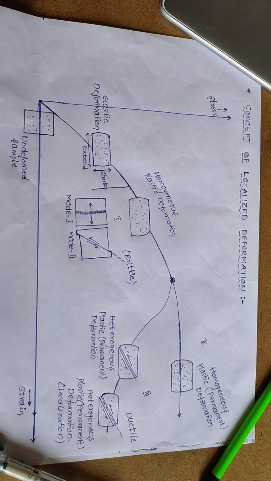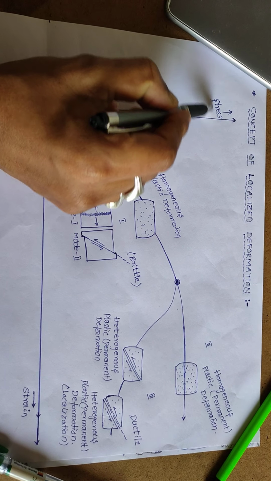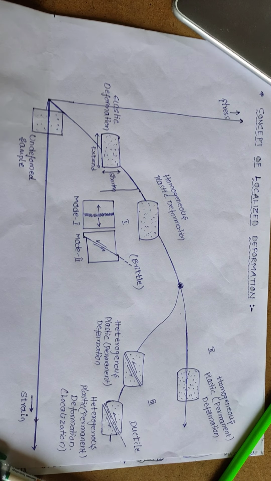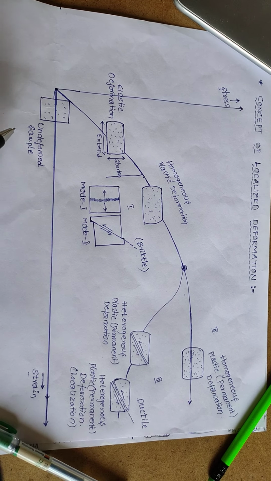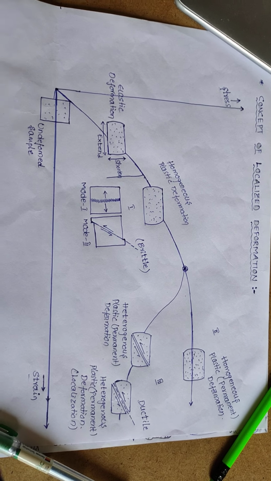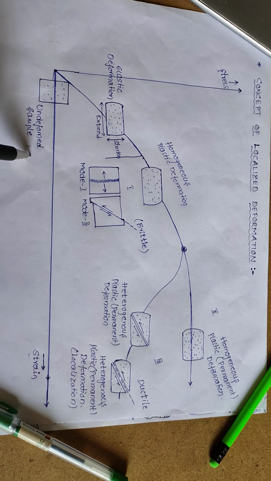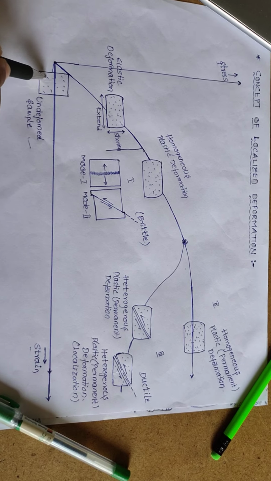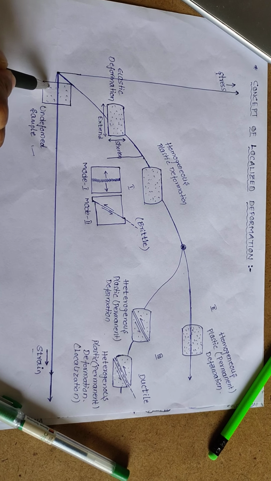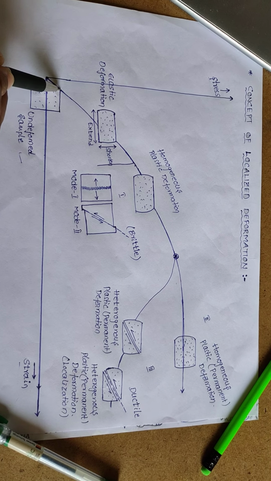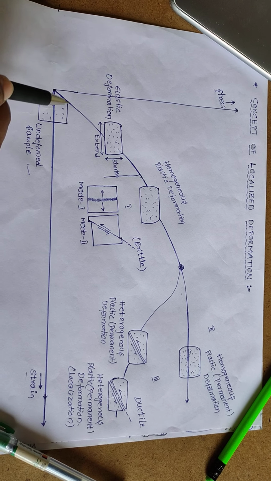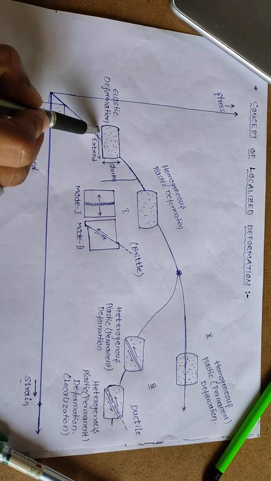On the vertical side we have stress, and on the horizontal side we have strain. At the very beginning you take the undeformed sample here. This is the undeformed sample, and initially when you load the sample, it undergoes elastic deformation.